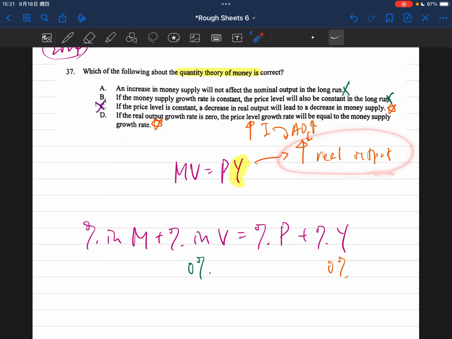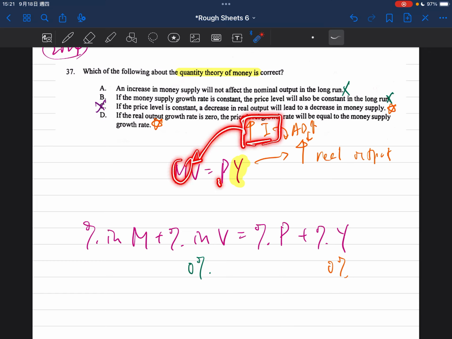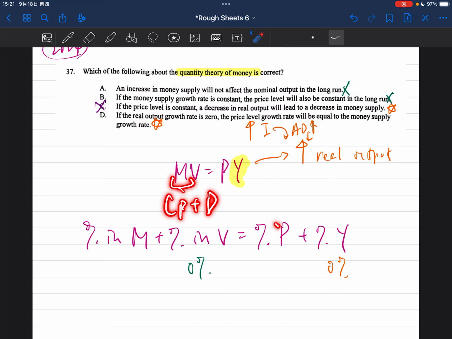But let's think about it: does this contribute to a change in the money supply? It seems not. Because when the government invests more money in building airports, it does not seem to affect the money supply, because money supply is determined by CP plus D, which is currency in public circulation plus deposits.